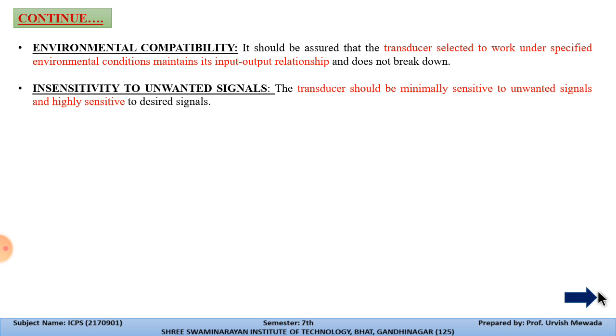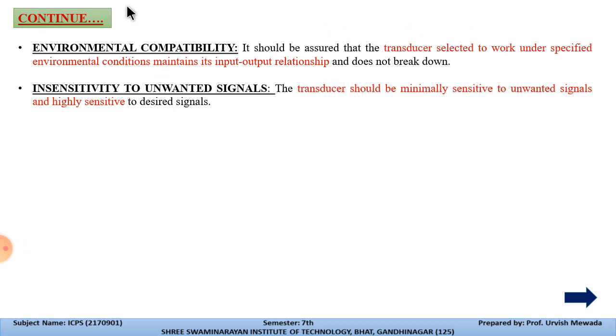Now the next criterion for the selection of transducers is environmental compatibility. It should be assured that the transducer works under specific environmental conditions, and it should maintain the input-output relationship in any of the conditions.